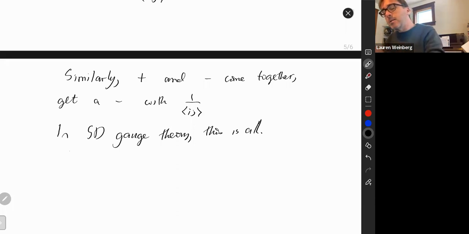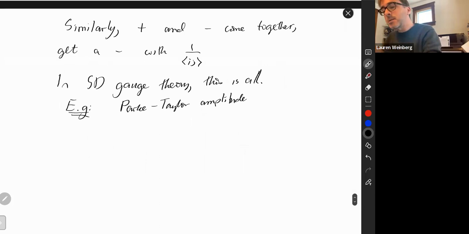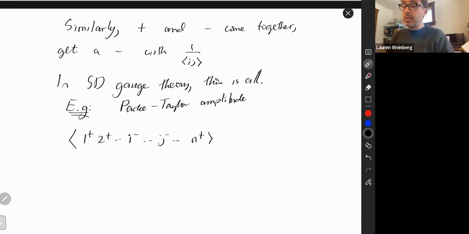As an example, the Parke-Taylor amplitude. Just so you can see where these poles appear in explicit expressions, I take an amplitude with n states, two of which are negative helicity.